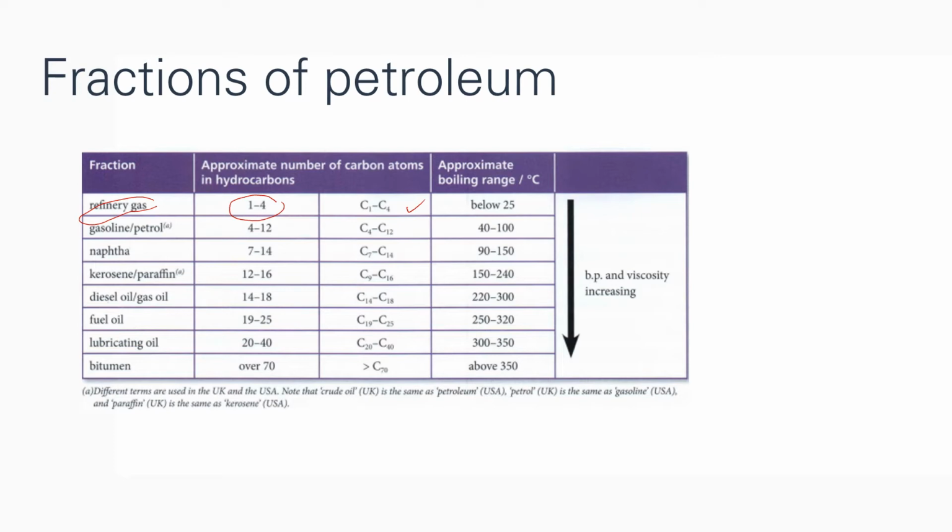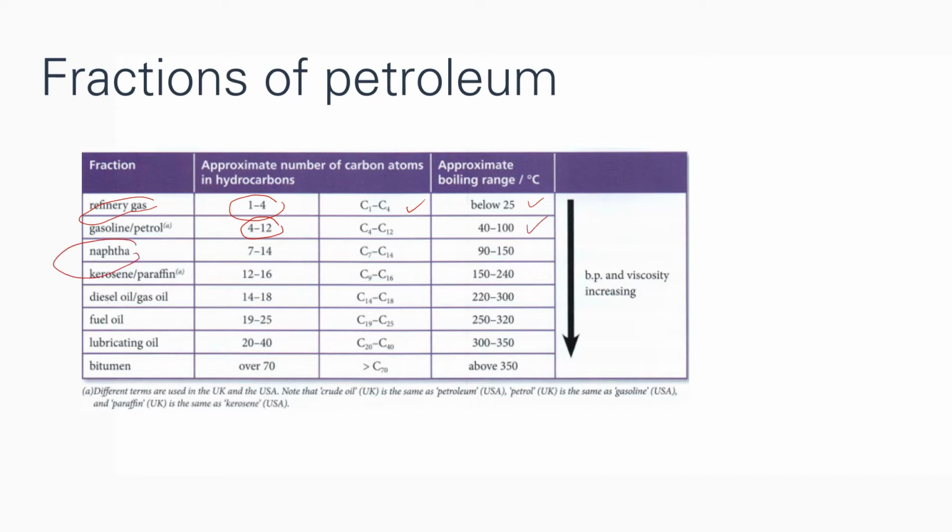The boiling point is below 25 degrees Celsius. Continue with gasoline or petrol. The number of carbon atoms is 4 to 12, and the boiling point is around 40 to 100 degrees Celsius.